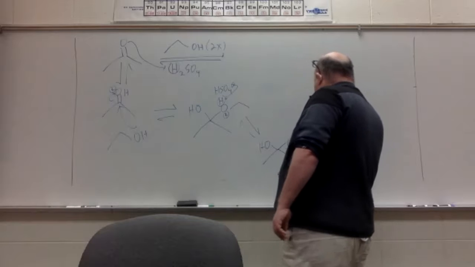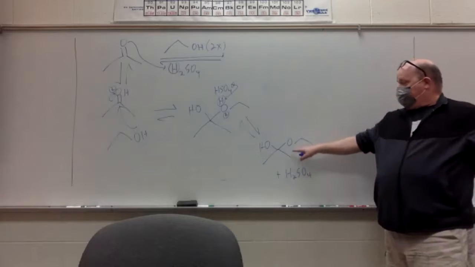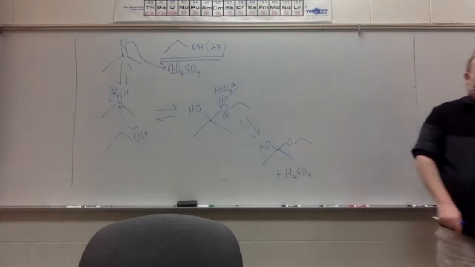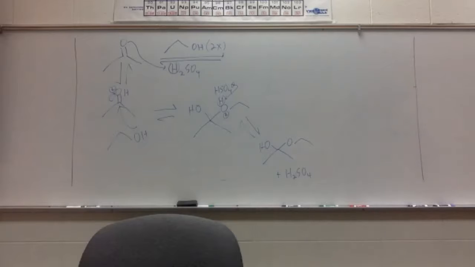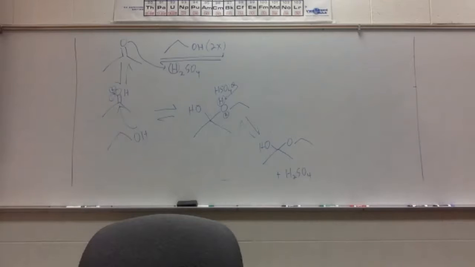A couple of things to look for at the halfway point: you should have reformed your acid catalyst, and also you should have a hemiacetal. It has a structure that has a carbon with an OH and an OR. That is a hemiacetal. That gives you a little signpost to look for. So that's the end of phase one.